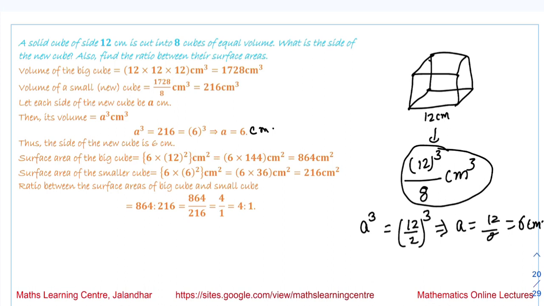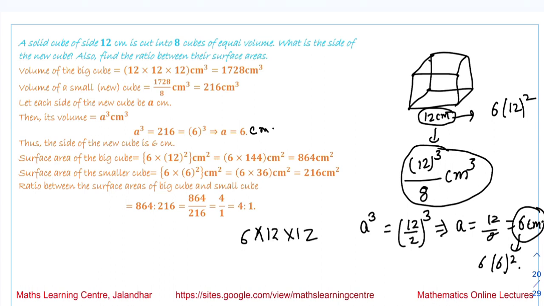Now we are talking about the surface area of the bigger cube. Its side is 12, so its surface area is 6 times a square. And the smaller cube's side is 6, so its surface area is 6 times 6 square. So the ratio is 6 into 12 into 12 over 6 into 6 into 6.